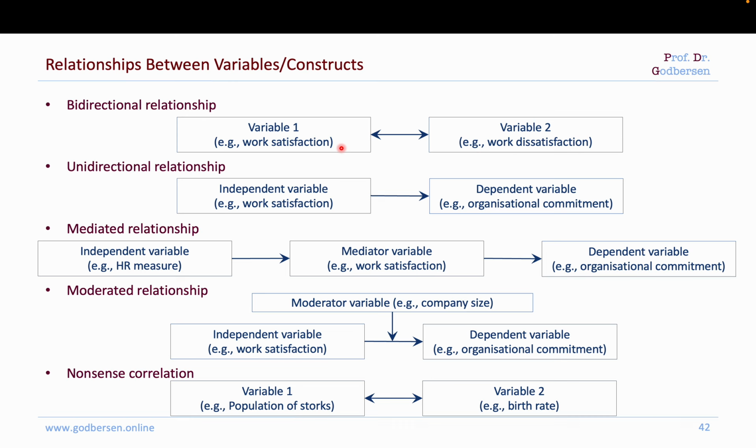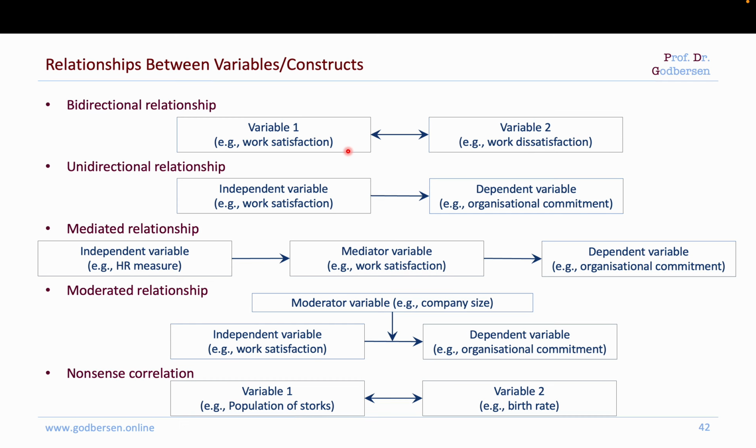We cannot say that work satisfaction is the reason for having a high or low work dissatisfaction, or the other way around. That's what we cannot say. What we can say, plausibly and logically, is that they might be associated, there might be a relationship.